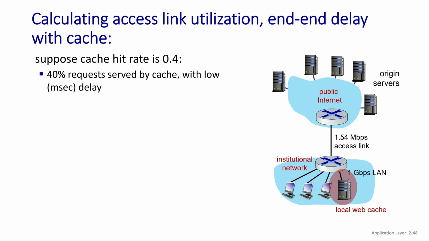the cache. So when I send a request, it first goes to this cache. If the page is available, the cache will return me the page, or otherwise, the request will be forwarded to the origin server. So with a cache hit rate of 0.4, 40% of the requests are served by the cache with a few milliseconds delay, or even less.